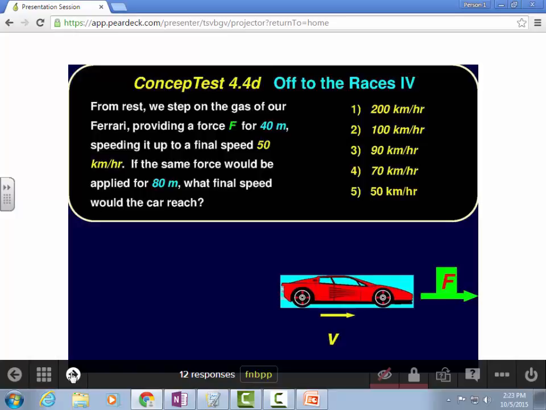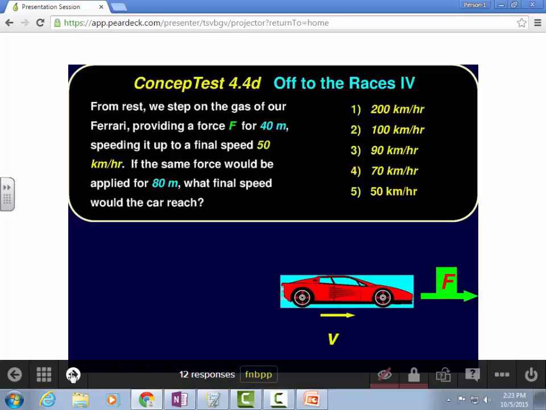A is just simply F over M. So it's 2F over M delta x2. Vf1 squared is equal to 2F over M delta x1. Guess what I'm going to do with these two? Divide them.